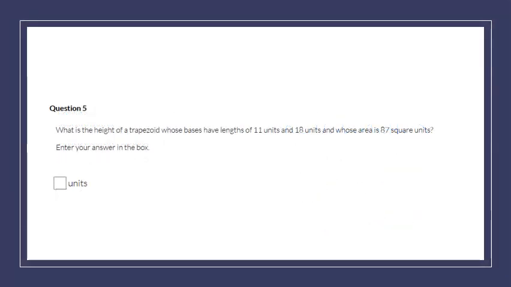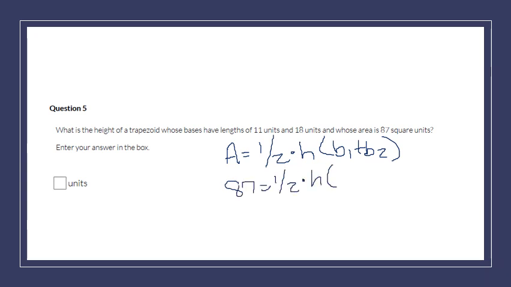Okay, what is the height of the trapezoid who have base lengths of 11 and 18, and an area that is 87? So the first thing we need to do is combine inside the parentheses. 11 plus 18 is 29. 29 times a half is 14.5.